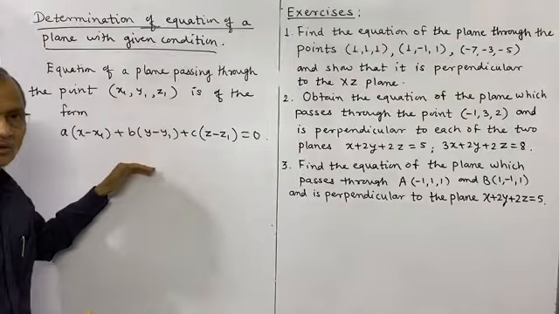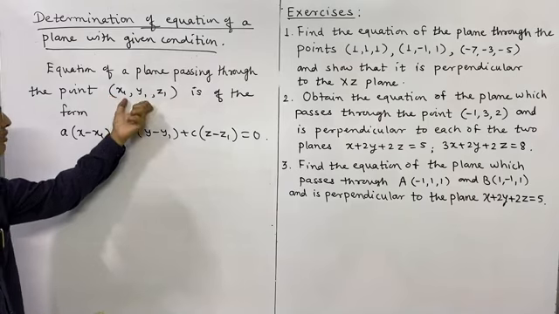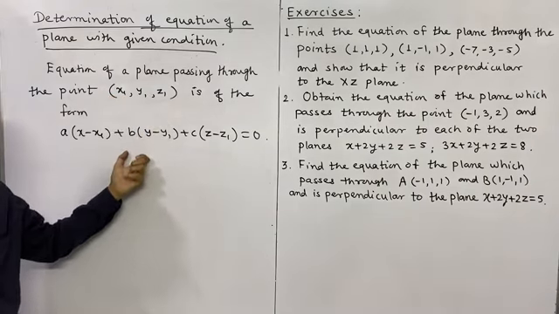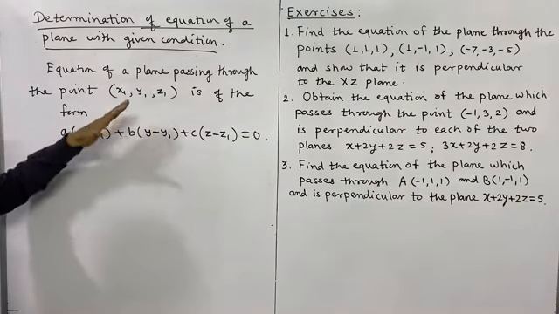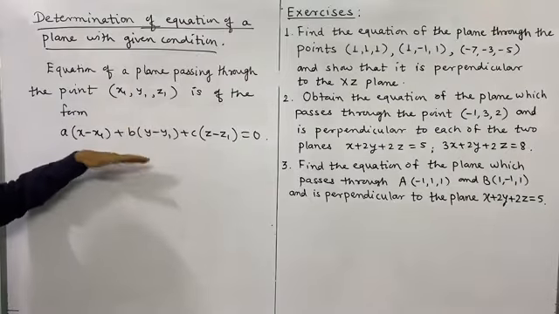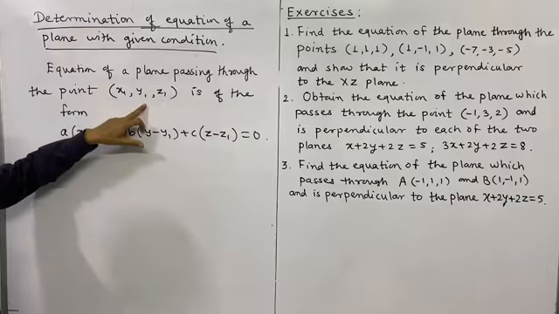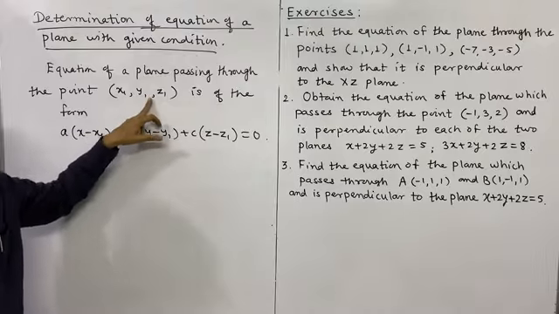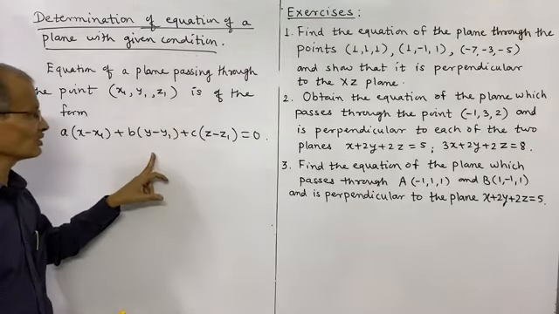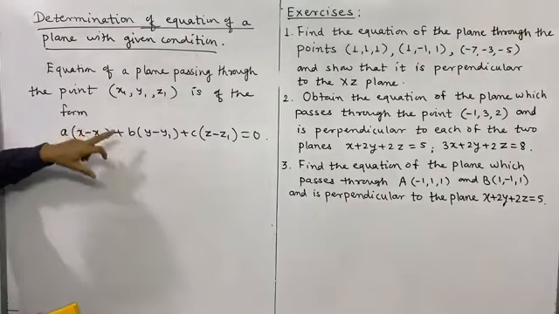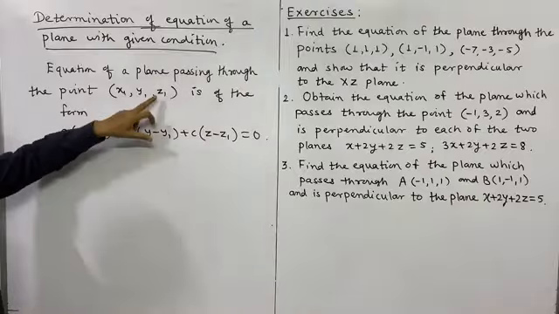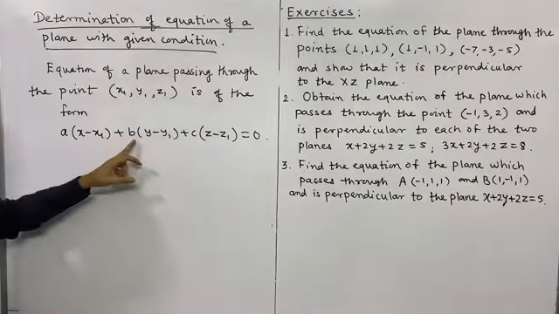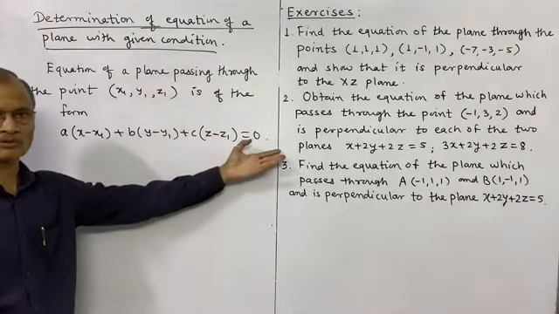Now how is this so? Because obviously this point satisfies this equation of the plane. When we say a plane or a surface or a line passes through a given point, the coordinates of that point satisfy the equation of the plane. Now put x as x1, y as y1 and z as z1. So each term becomes 0 and that is equal to 0.